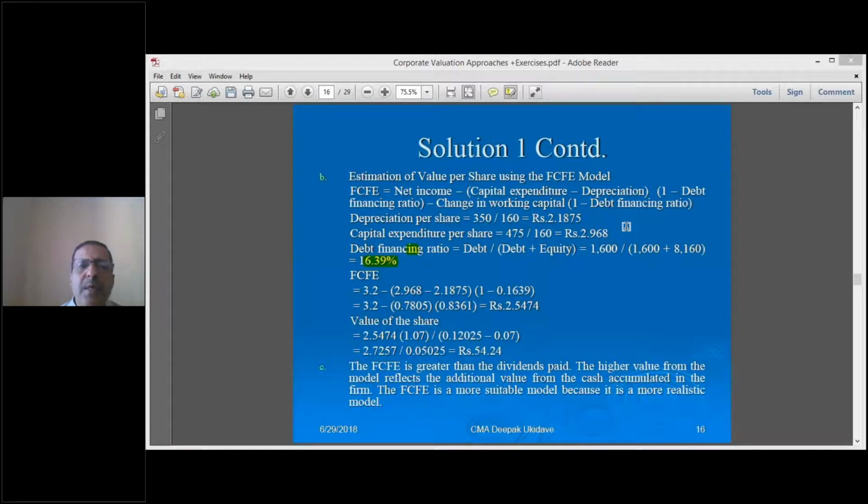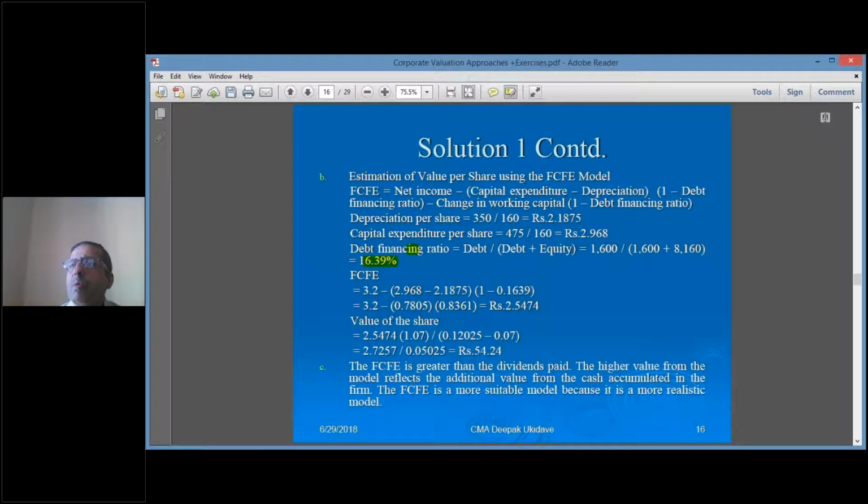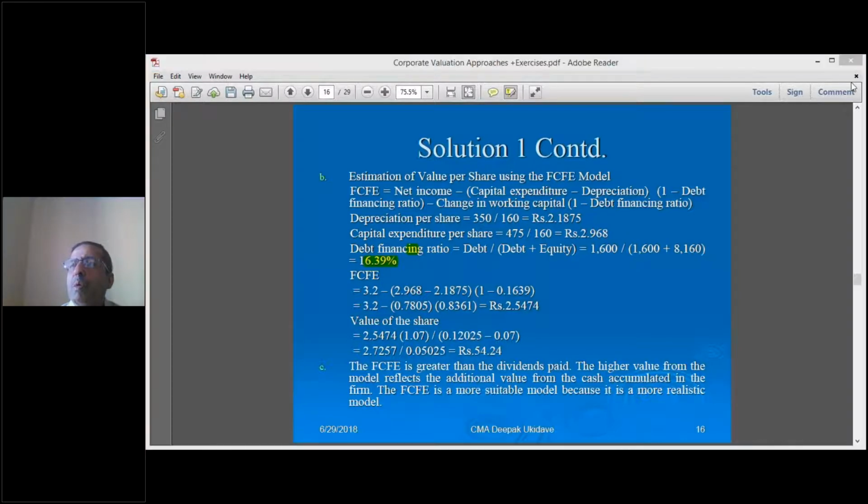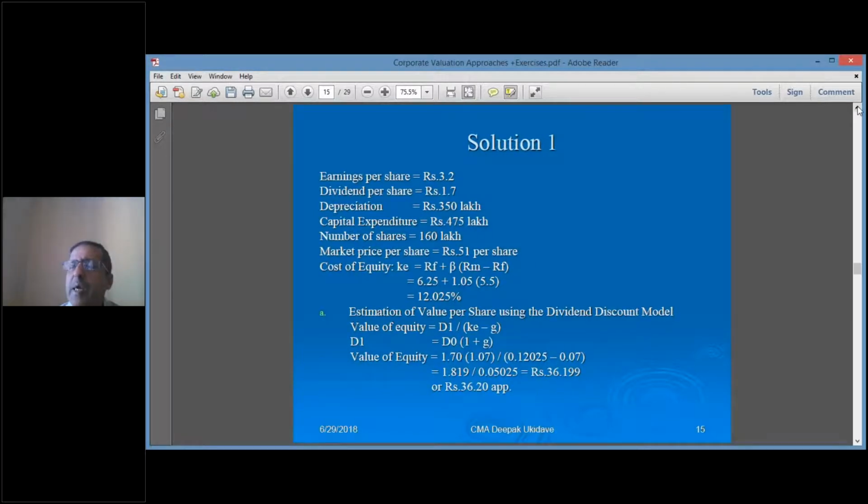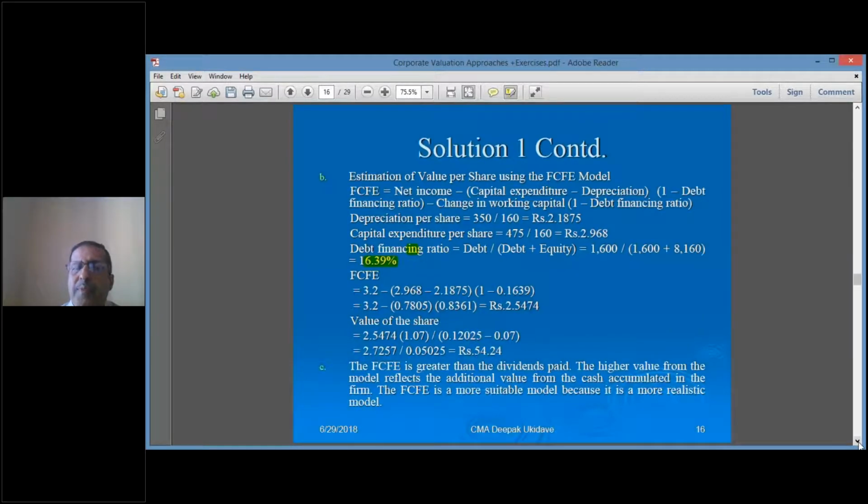So this is the second question on FCFE and the dividend discounting model. And we said FCFE is greater than dividend paid. As per the dividend discounting model, in the earlier slide we arrived at a value of share of 36.20, and using the FCFE model it comes to 54.24.